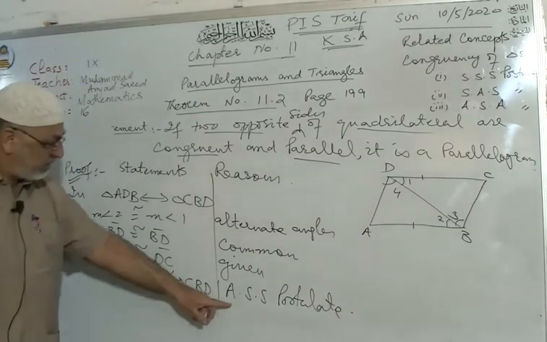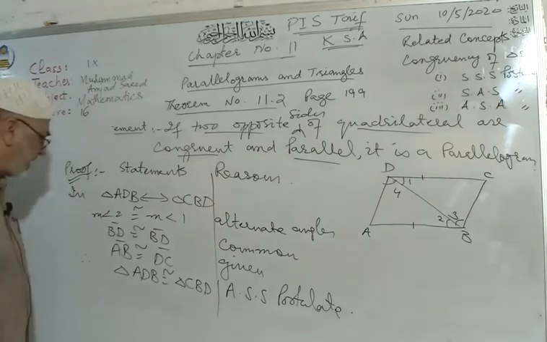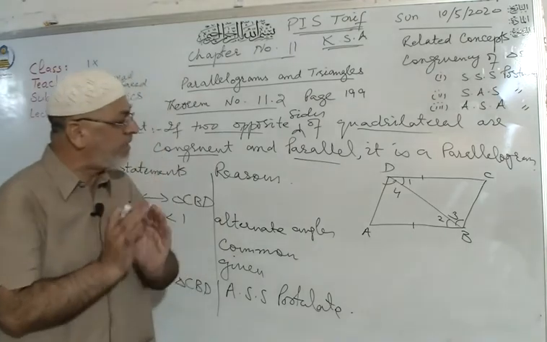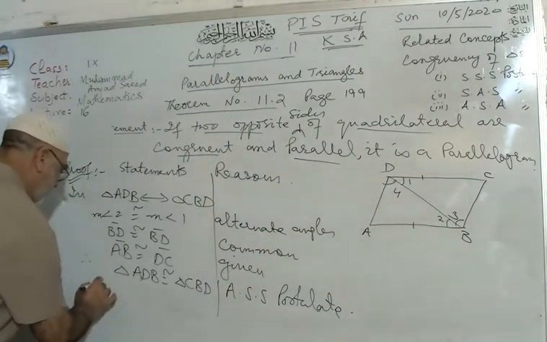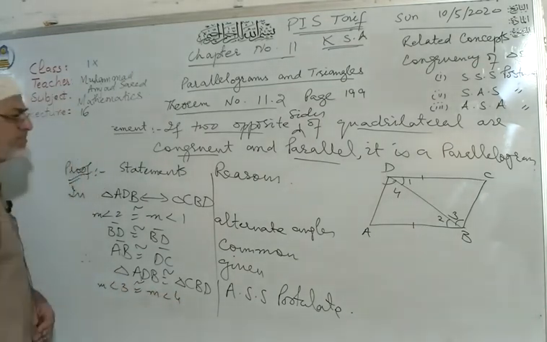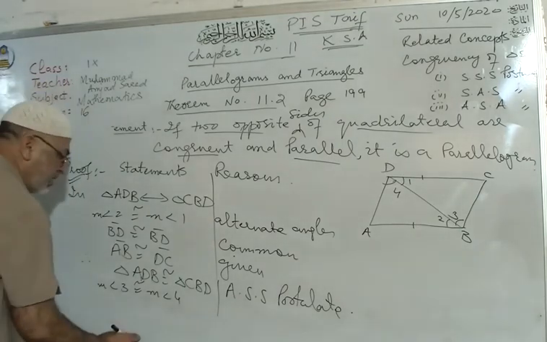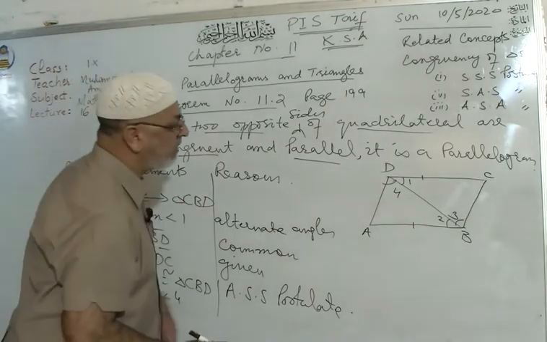But write according to your statements which are given. Therefore, if these two triangles are congruent, it means that angle 3 is congruent to angle 4. So they are corresponding angles of congruent triangles.